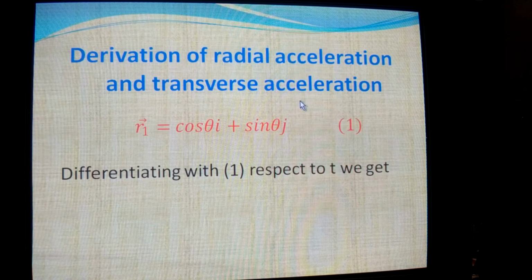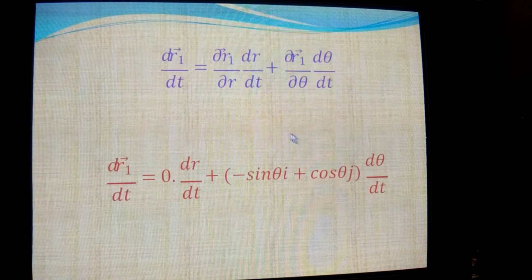We differentiate r1 bar with respect to theta: dou r1 bar by dou theta is minus sin theta i plus cos theta j, into d theta by dt as it is. So this is dr1 bar by dt.